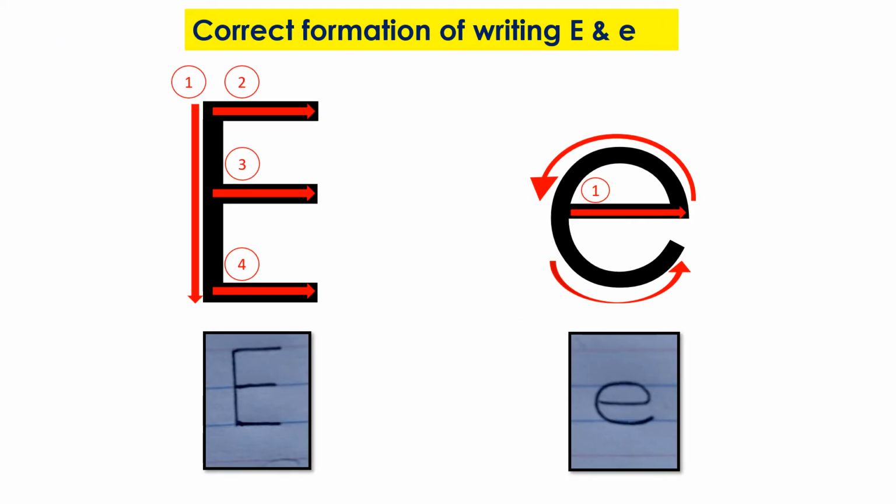Here you can see the correct formation of writing capital E and simple E. By looking at these red arrows, you can get an idea. And also you can see how to write capital E and simple E in your double rule book.